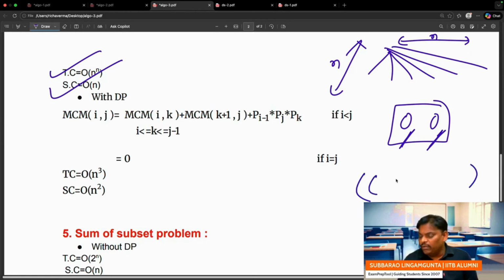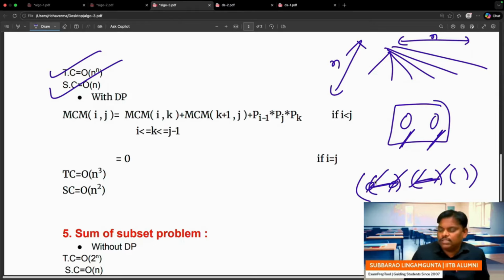There are so many ways you can multiply, so always two parameters are important: starting point and ending point. Starting can be anything out of n, ending can be anything out of n. So n into n, an n square table is required.